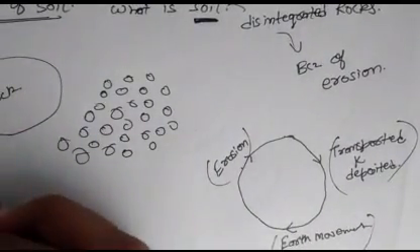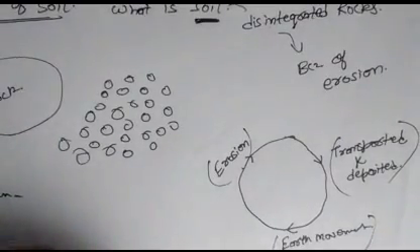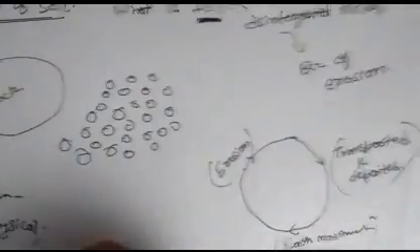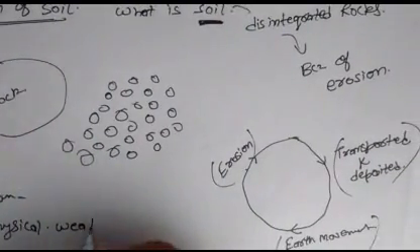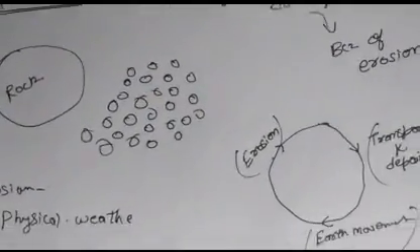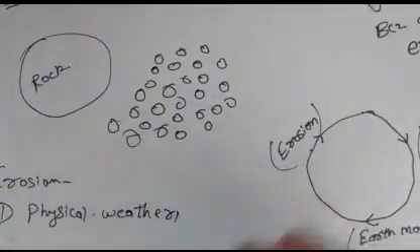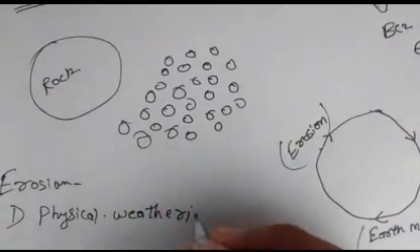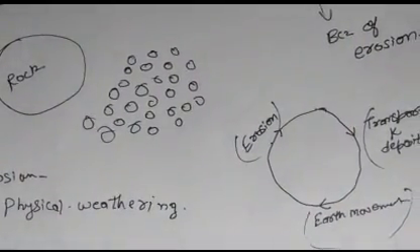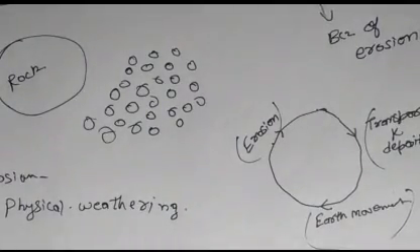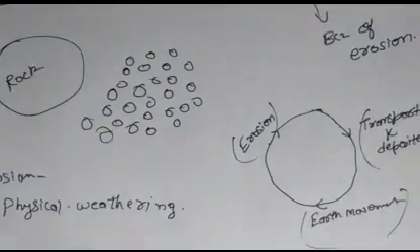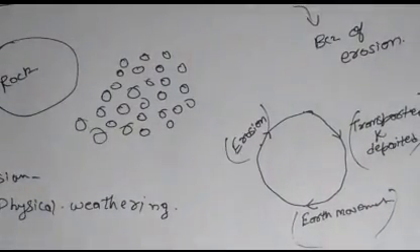Erosion phase actually includes physical weathering. Weathering is just disintegration or erosion of the rock due to physical agents like wind, water, glacier.